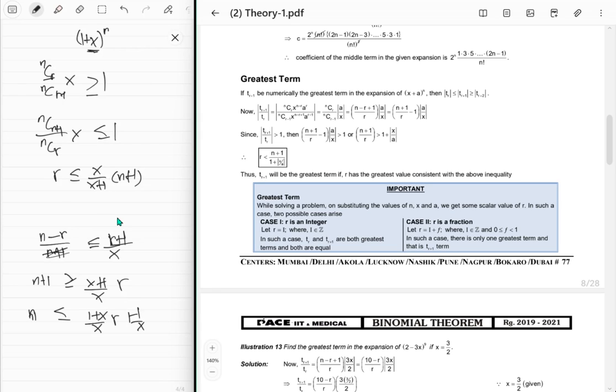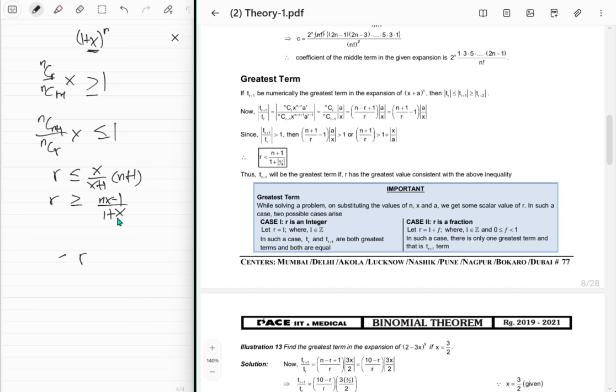And then r is bigger than or equal to, so just multiply by x on both sides. So it's going to be what? nx minus 1 upon 1 plus x. Okay, so r is bigger than or equal to nx minus 1 upon 1 plus x, and it's less than or equal to x times all that stuff, right?